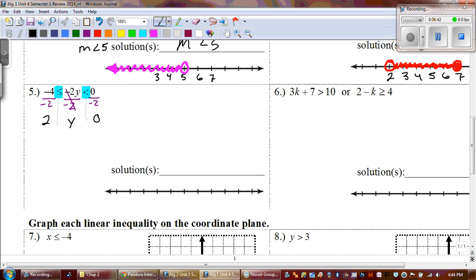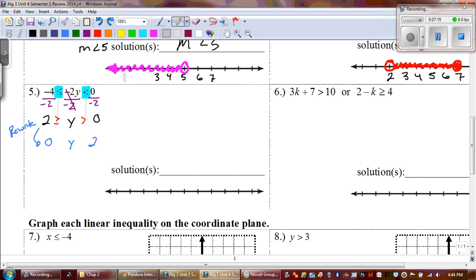Yeah, we divided by negative, which means we have to flip all of those signs. Now, the only thing that's wrong with this is we have to write the numbers in order from least to greatest. So here we have to rewrite it, okay? I want the 0 first, then the y, and then the 2, because these numbers have to be in order from least to greatest, okay?